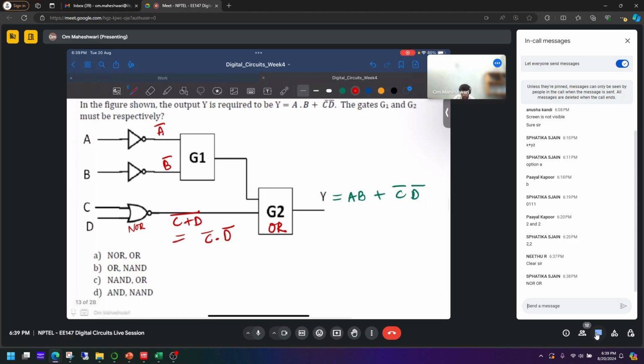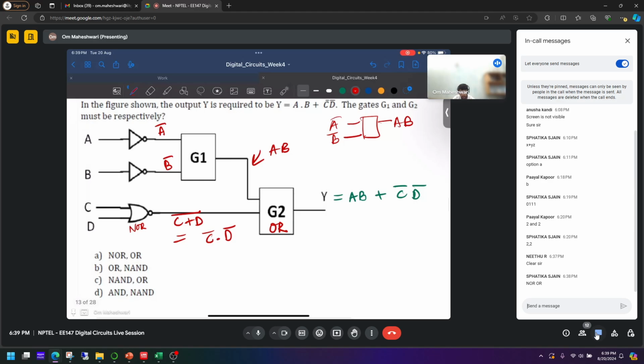From here, then you want AB. So if your inputs are A bar and B bar, how do you get AB? Right? So if we do A bar plus B bar whole bar, it will give me A bar dot B bar, which is AB. Right? So this gate must be a NOR gate. So the answer is NOR and OR.